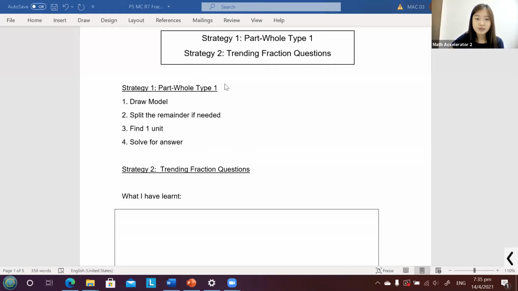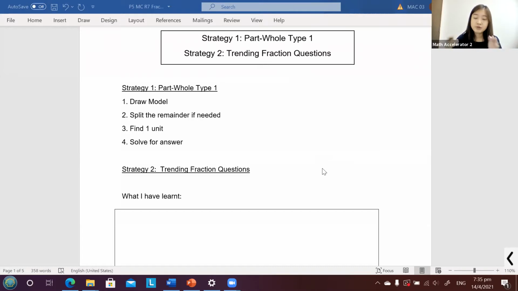So here are the steps that you can take when you are solving this question. First step, draw the model. Part whole means you always have, let's say, a certain amount of money. The total amount is what you draw first. Then after that, you split it according to the question.